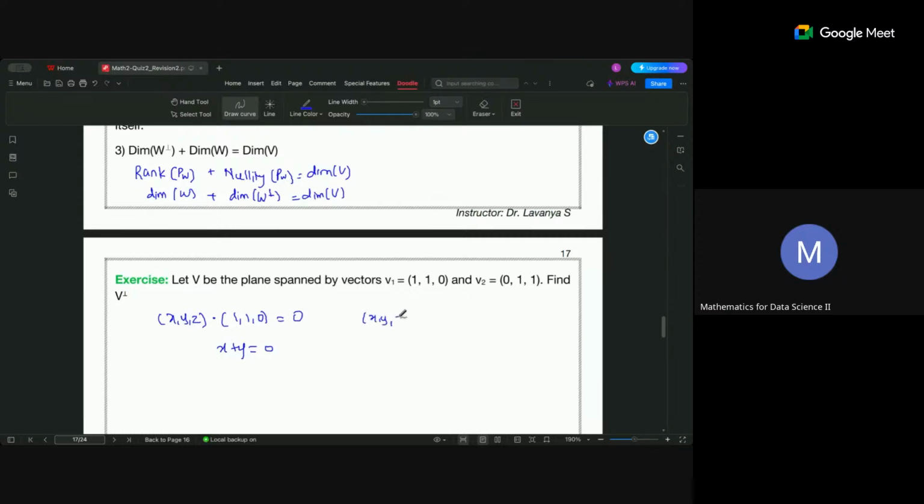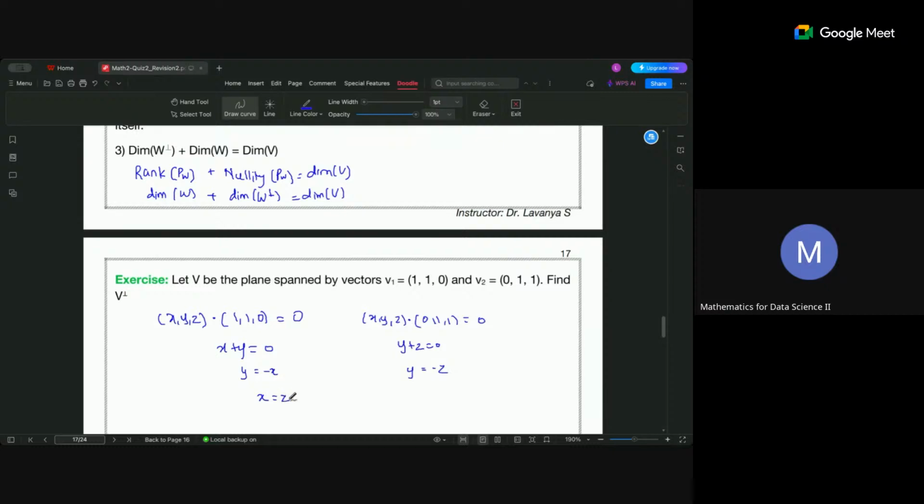Now (x, y, z) is also orthogonal to (0, 1, 1), so y plus z is 0. So x plus y is 0 and y plus z is 0. Here y is equal to minus x, and y is equal to minus z, so x is equal to z.